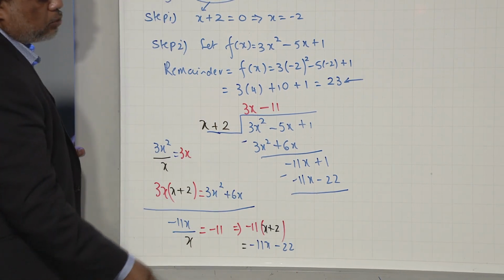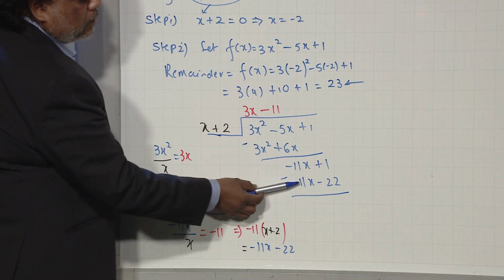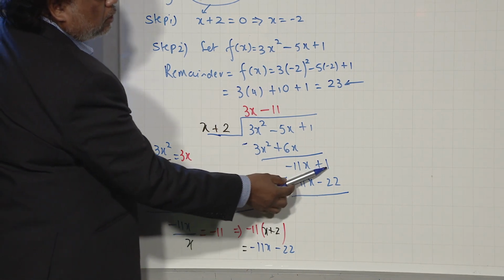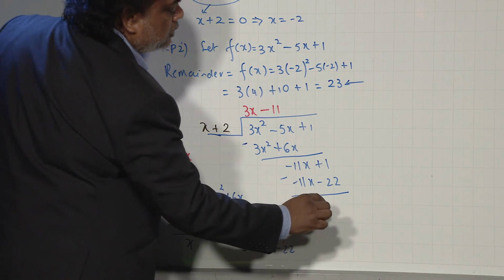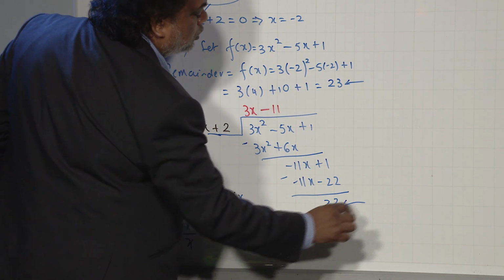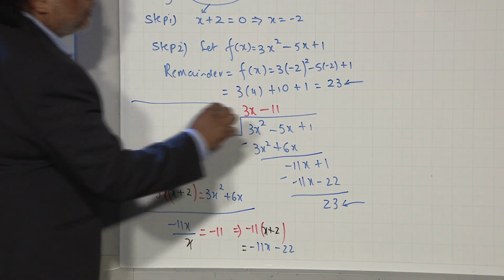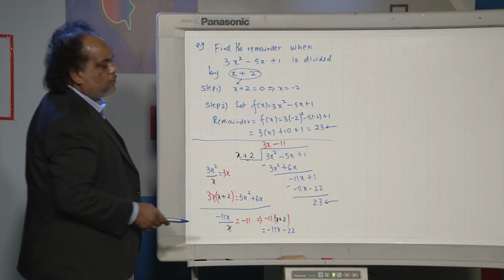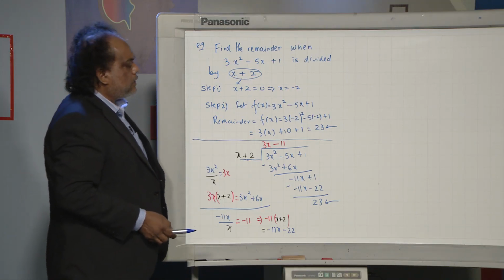Here we always subtract. Minus 11x minus minus 11x is 0. 1 minus minus 22 is 23. So we got the remainder 23. So either we could have done it using the remainder theorem, or the long division, we obtain the same answer.